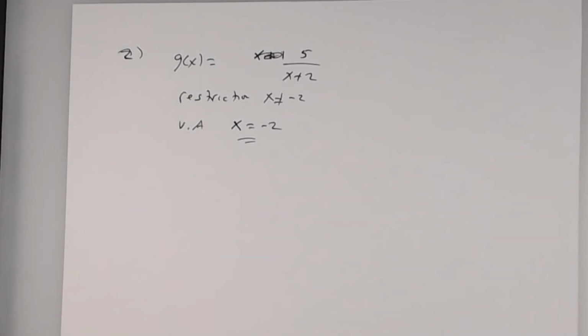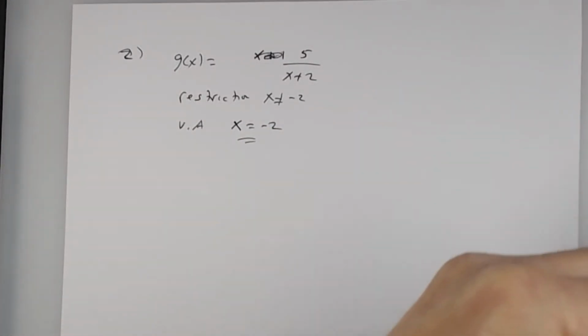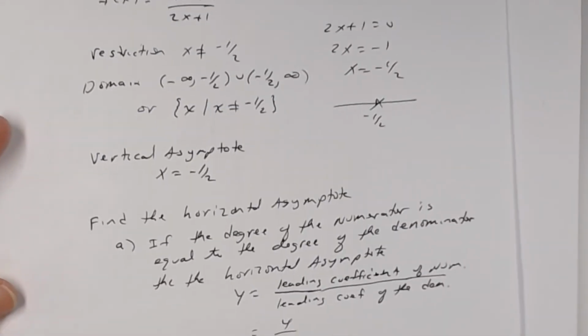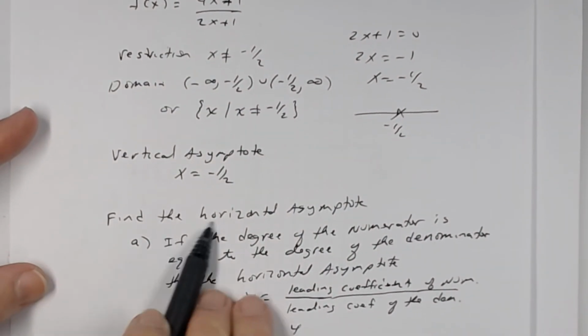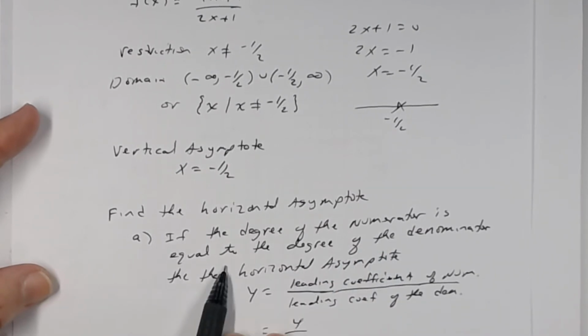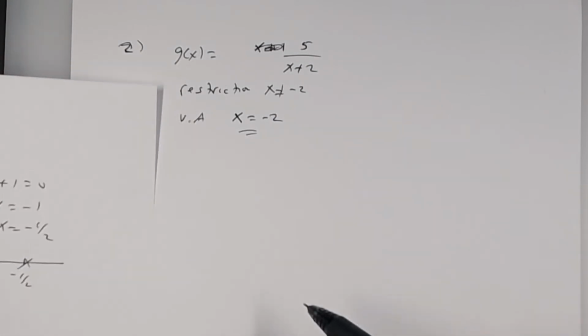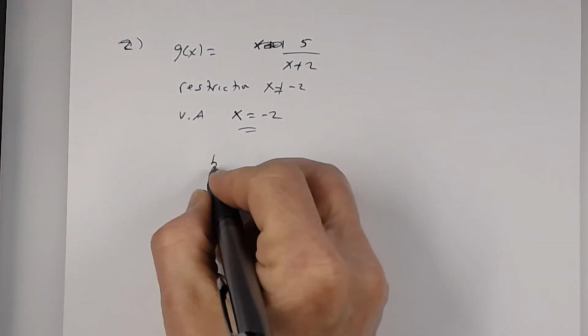So when we did this earlier, this is right here. Find the horizontal asymptote. Part A, if the degree of the numerator is equal to the degree of the denominator, we saw what to do. In this case, are they the same? No. So part B.